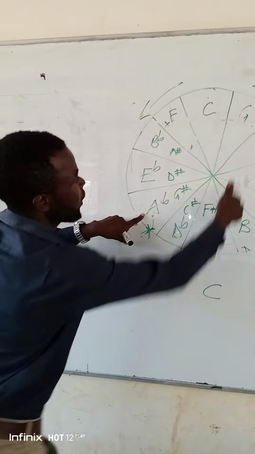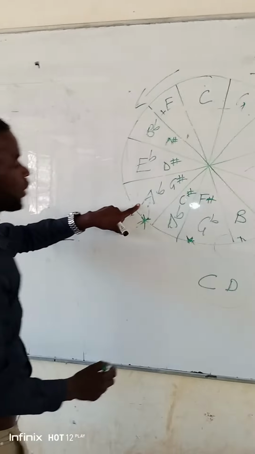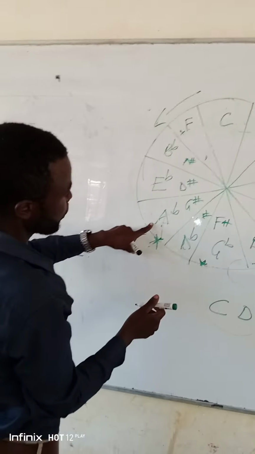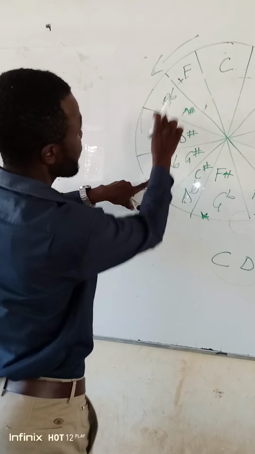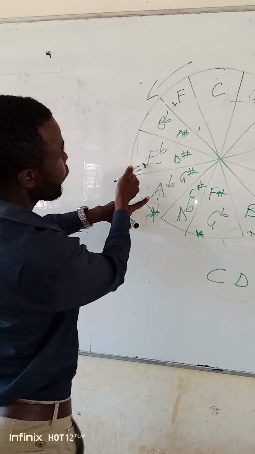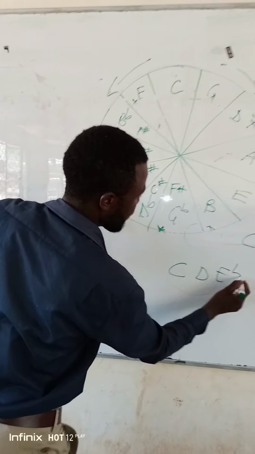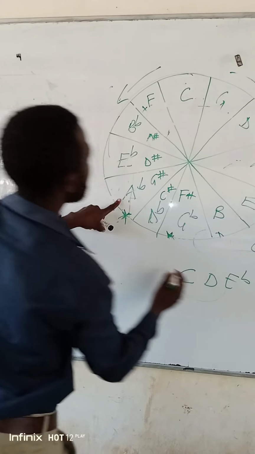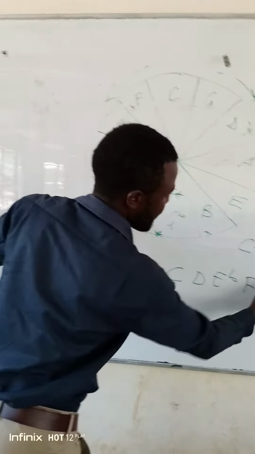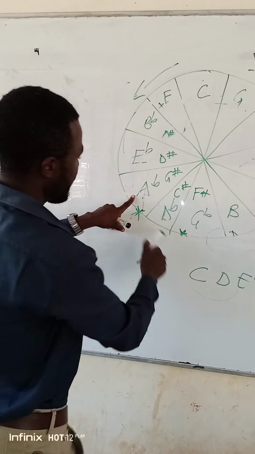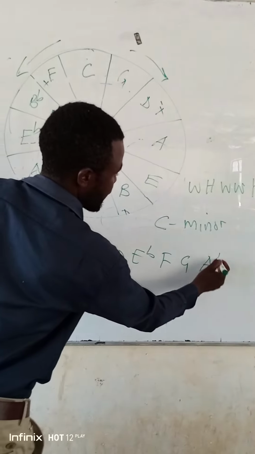It will be C, D, right? From D you go to 1, 2, 3, 4, 5, 6, 7. C, D. Then you've got E flat. After E flat, you have the F. After the F, you have the G. After the G, you have the F flat.